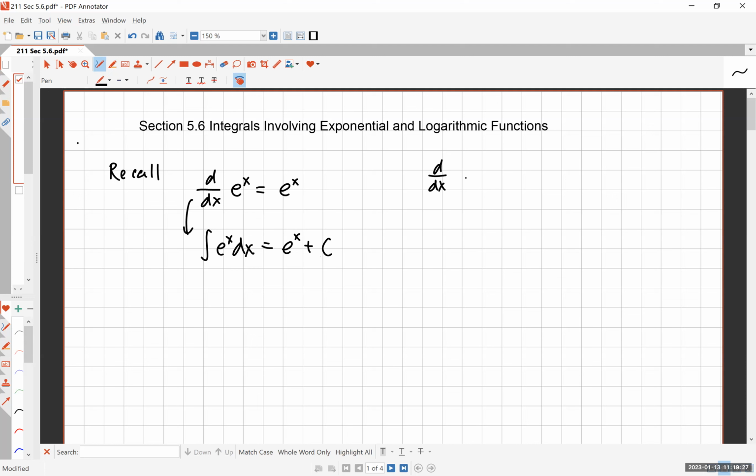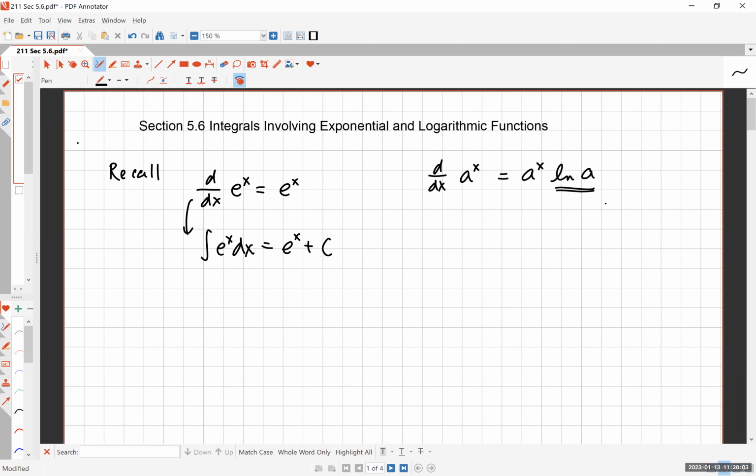Okay, now we also had an associated derivative, which is a to the x. But remember, when you take a base a which is not e, then you have to pay a penalty for it, and the derivative of this function is a to the x times the natural log of a. This is the adjustment you would have to make for not using the most natural base, which is e, right?